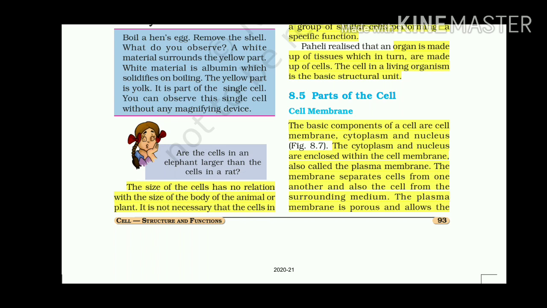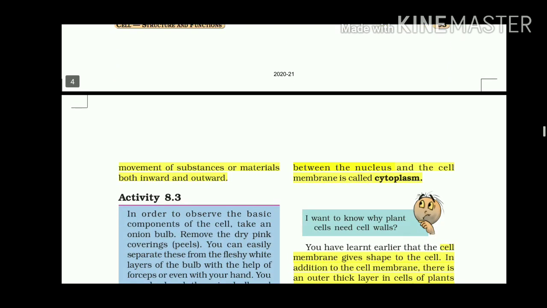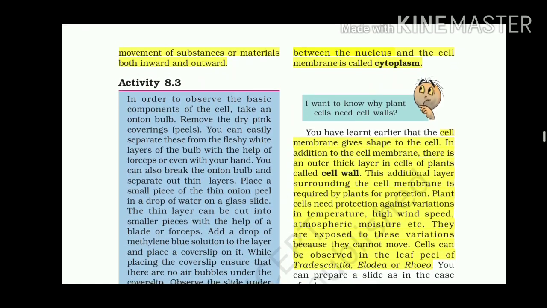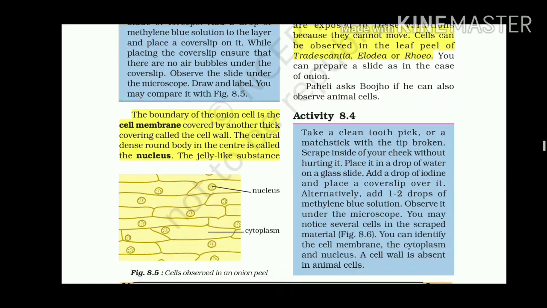The cytoplasm and nucleus are enclosed within the cell membrane, also called the plasma membrane. The plasma membrane separates the cells from one another and also the cell from the surrounding medium. The plasma membrane is porous and allows the movement of substances or materials both inward and outward.